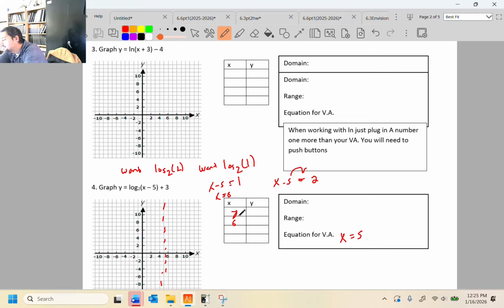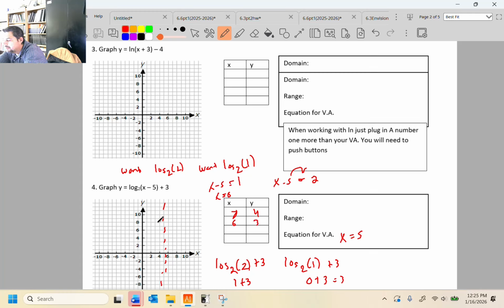So if I plug in a 7, I'll have log base 2 of 7 minus 5, which is 2, and then I add 3. Log base 2 of 2 is 1, 1 plus 3 is 4. If I plug in a 6, 6 minus 5 is 1, I'll have log base 2 of 1, and then plus 3. Log base 2 of 1 is 0. If I add 3, I have a 3.